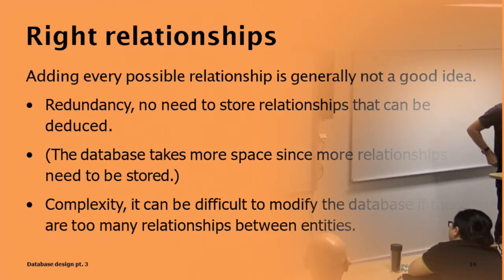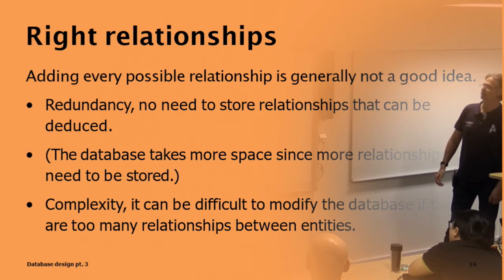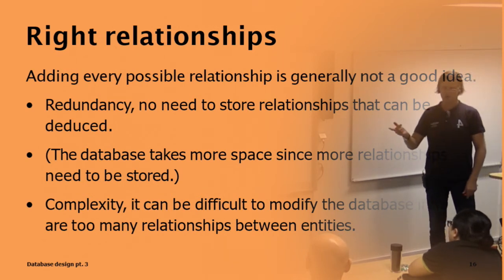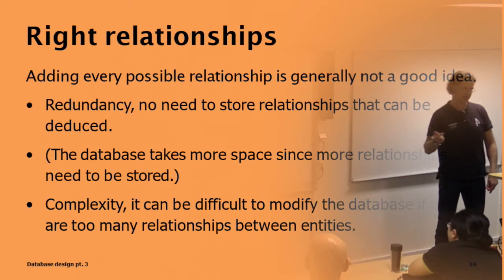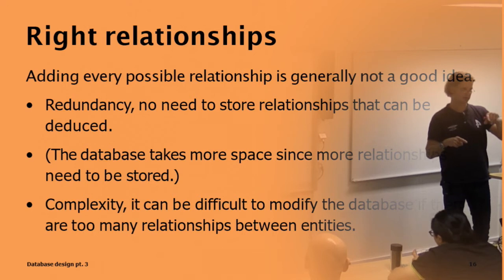And that is something that we have been talking about before, that redundancy is usually bad. And I did talk about this yesterday when we were talking about deducing things. That is something that you do when you are moving between your relationships to get your information.